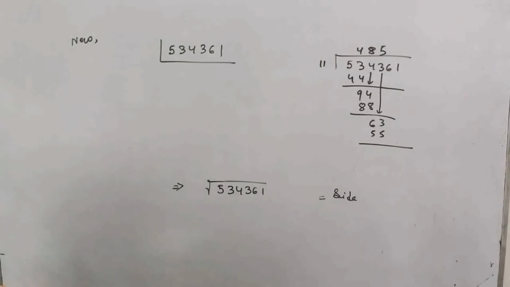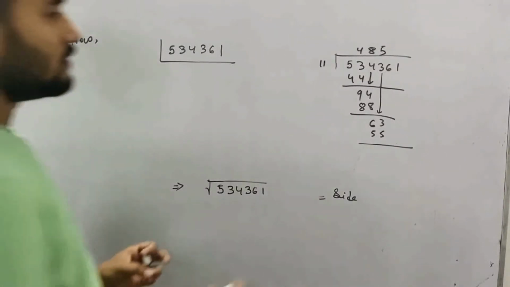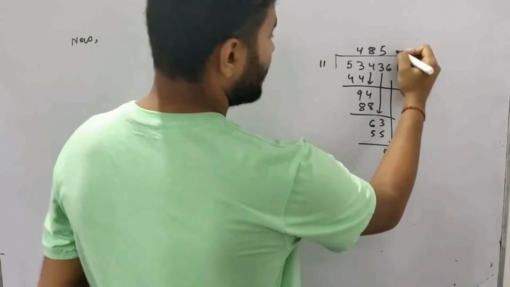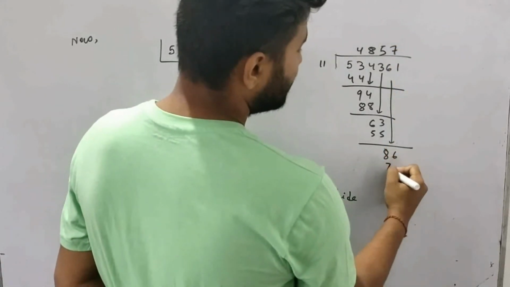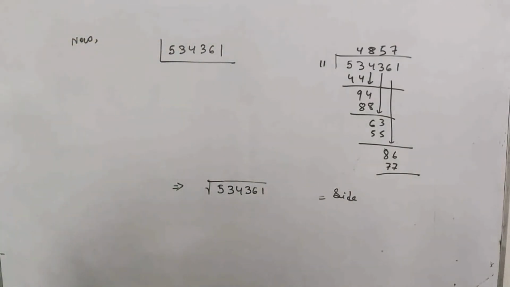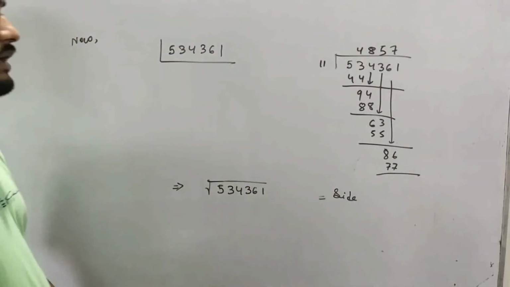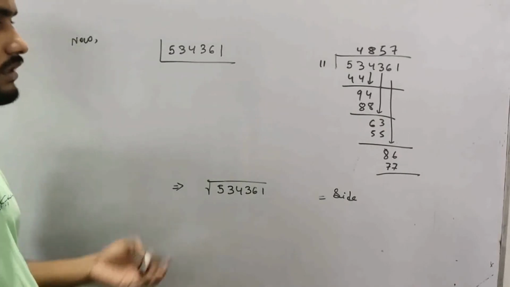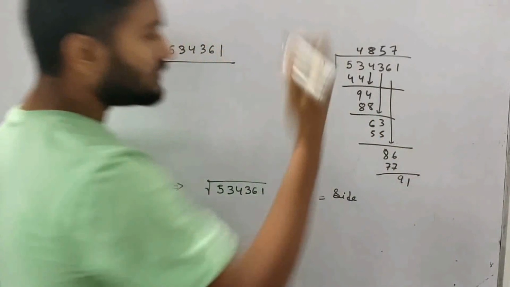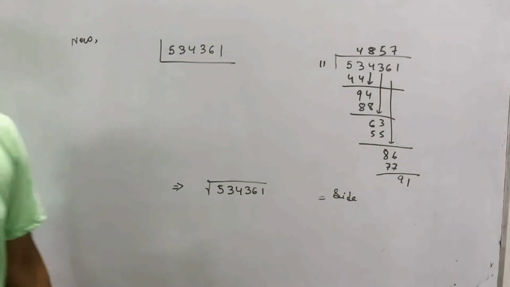So 5, 6, 7, 8. This is 8. Then 86. 11 7s are 77. 11 8s are 88, 77. And this is 9. So 91. So this is not divisible by 11 also.